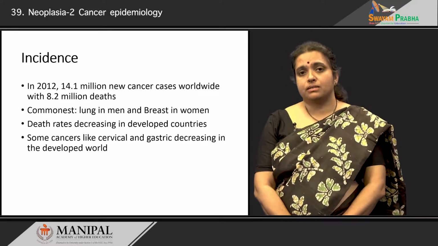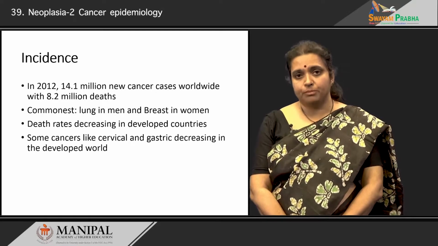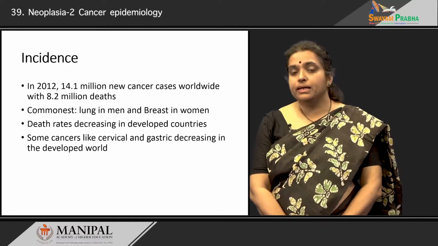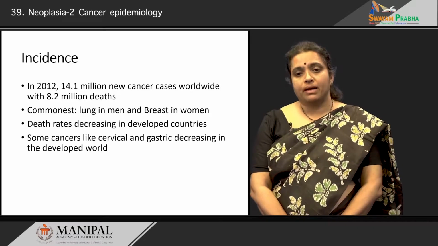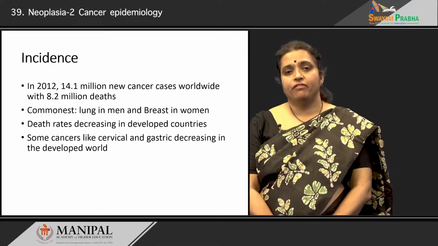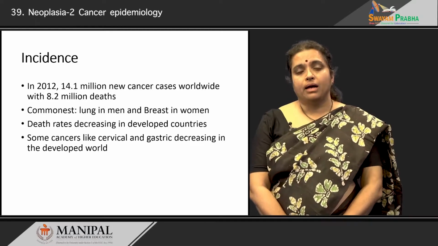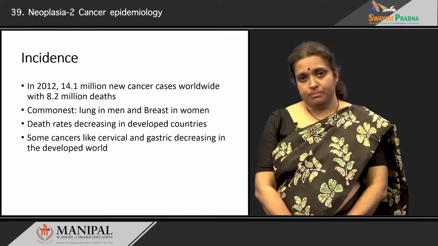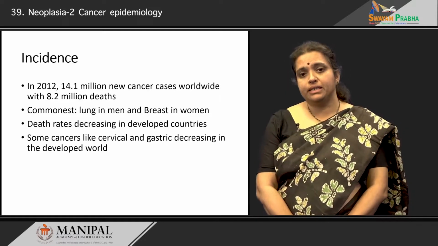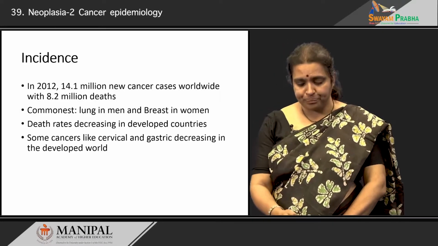This is because, as you know, cervical cancer has a screening program in those parts of the world, and they are picked up very, very early and can be treated. Whereas, the same cannot be said about countries like India, where still cancer mortality is very, very high. And it is projected that by 2035, we will have nearly double these number of cancer cases or even more.